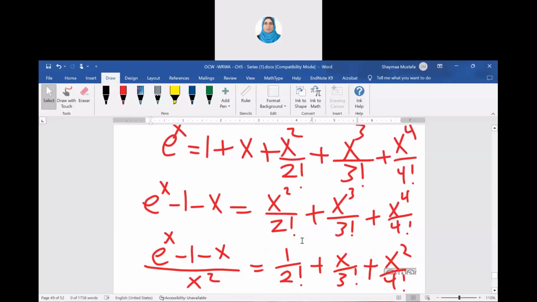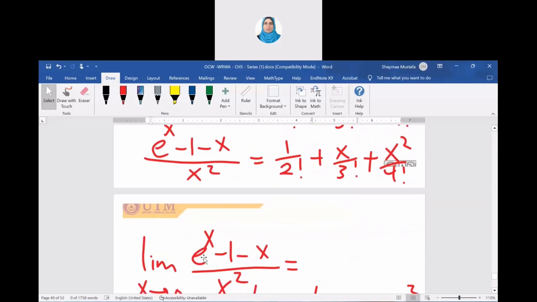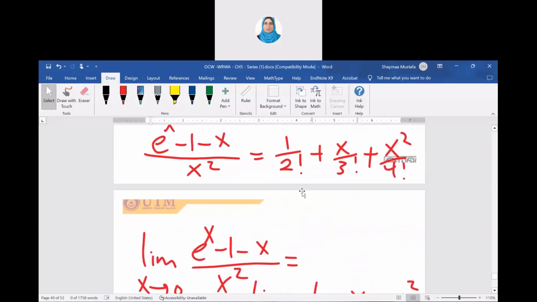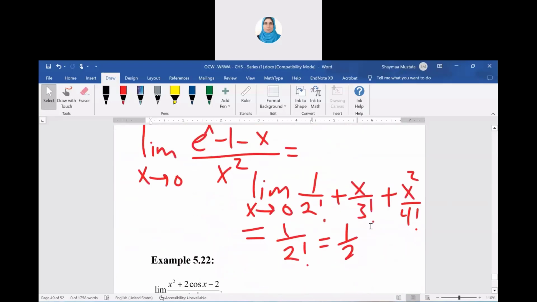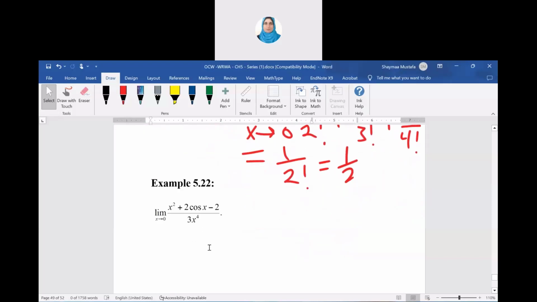So you have 1 over 2 factorial, x over 3 factorial, and x squared over 4 factorial. Then I need to find the limit when x goes to 0. All the terms that have x go to 0. Only the first term remains, which is 1 over 2.